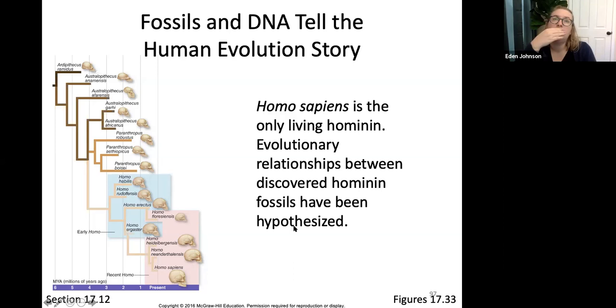Of course, I told you we have fossils for the vast majority of these, but because we know a lot of these species were alive at the same time, it's really difficult to piece together these evolutionary relationships, because frankly, a lot of these species have DNA from other species in there.